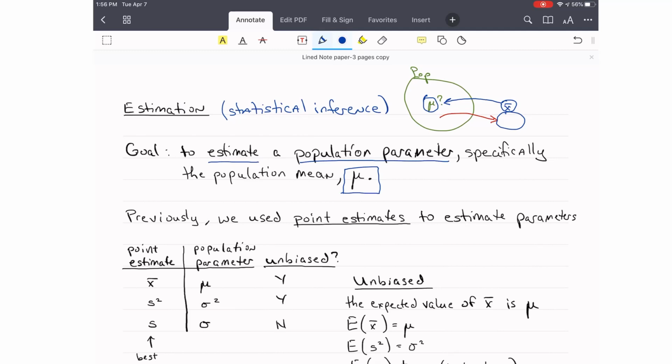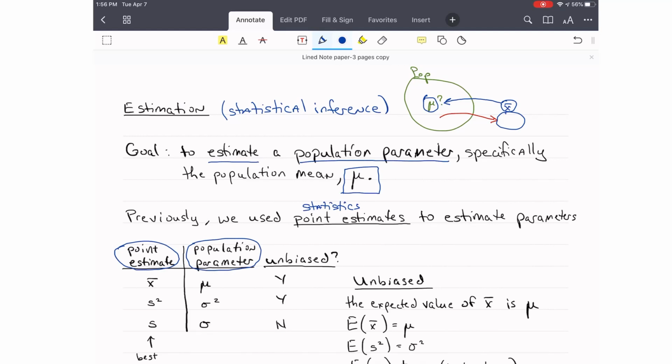So previously, we used these statistics called point estimates to estimate the parameters. If you look in my little table down here, I have the point estimate, and then I have the population parameter we're trying to estimate.